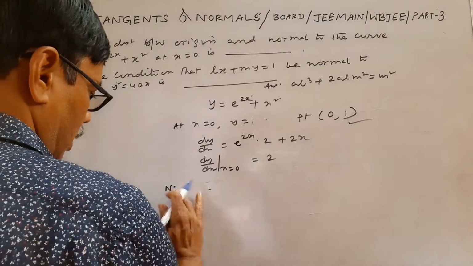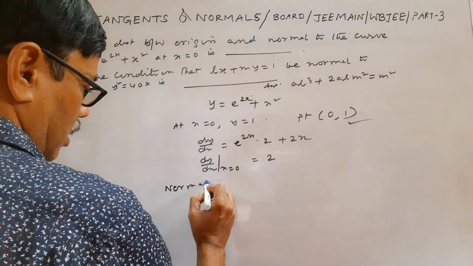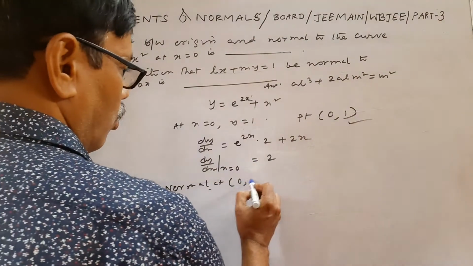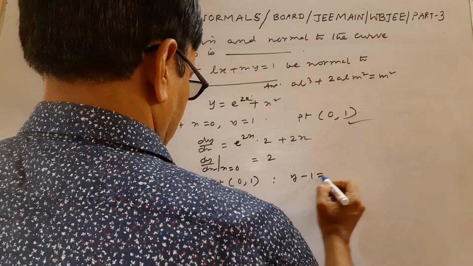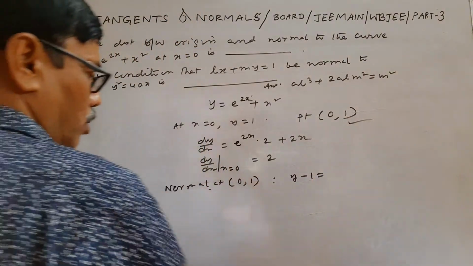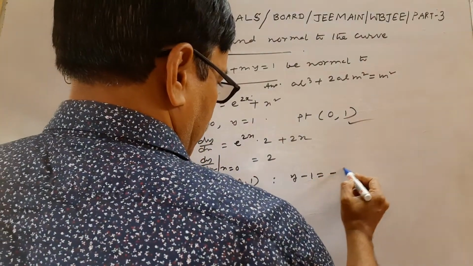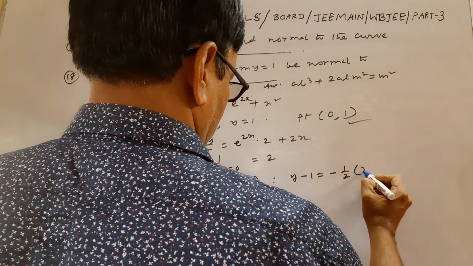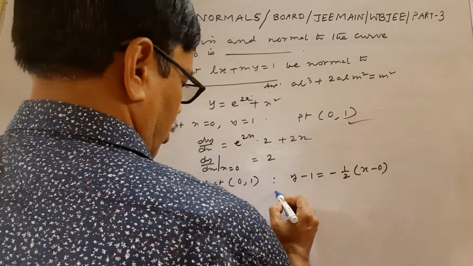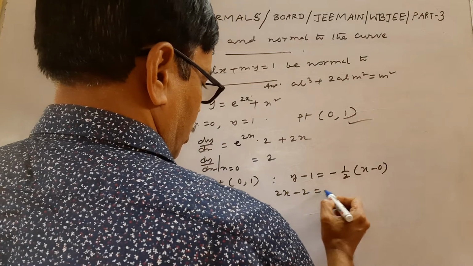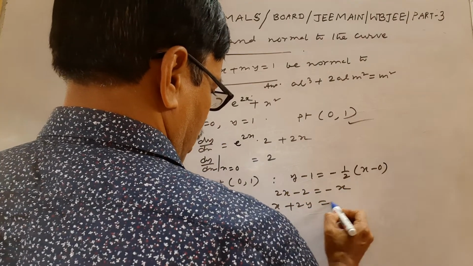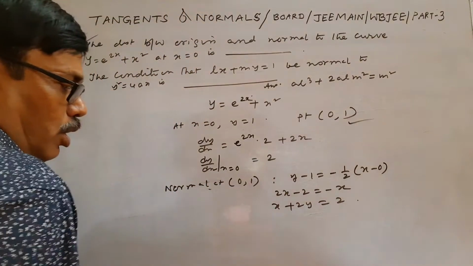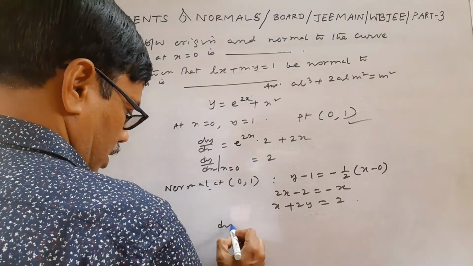So the normal at 0, 1: y minus 1 equals slope of the normal, so minus half, into x minus 0. So 2y minus 2 equals minus x. So x plus 2y equals 2. So what is the distance from the origin?